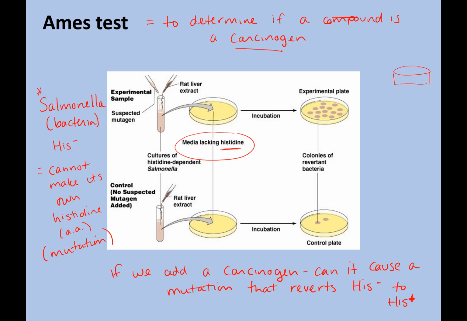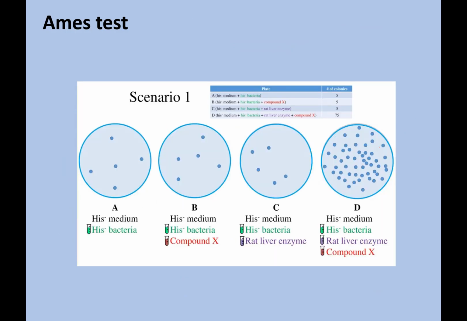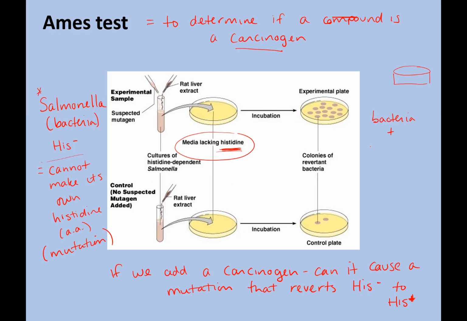So Salmonella His minus is not going to grow on media lacking histidine unless somehow it has counteracted that mutation so that it can produce its own histidine. So what you do is you take the bacteria plus the potential carcinogen, and you incubate them for a while, and then you put them on the plate, the media, and see if you get any colonies.